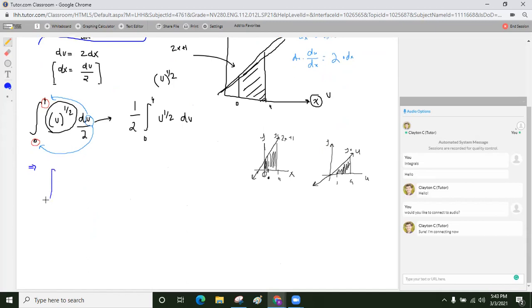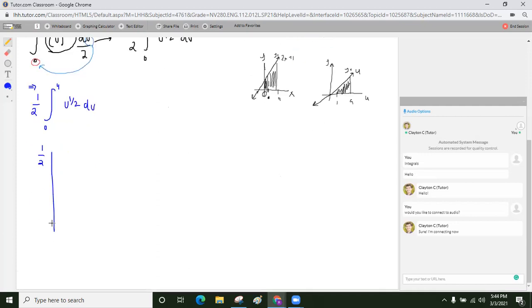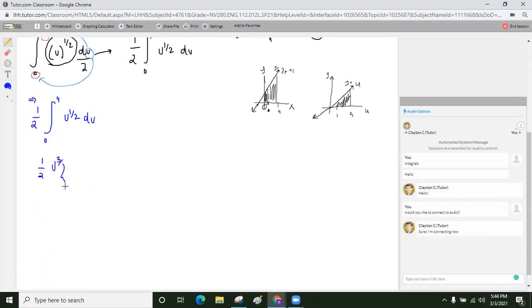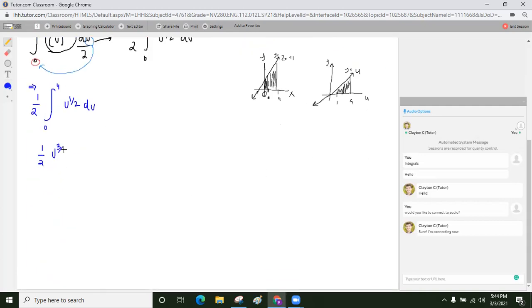But okay, so I suppose now, finding where we were before, we had from 0 to 4, and then we took out the constant here, and then we had u^(1/2) du, and it seems as though we were about to take the integral here, so that'd be 1/2, and then u^(3/2).